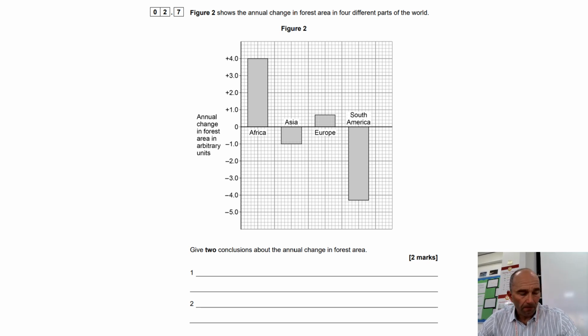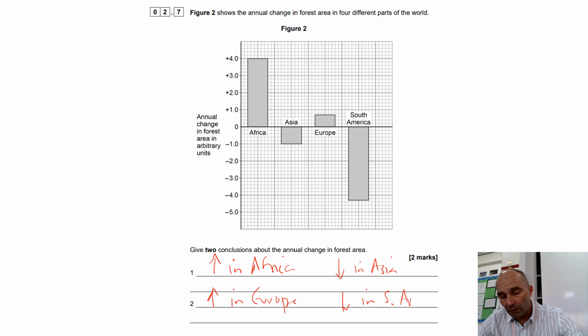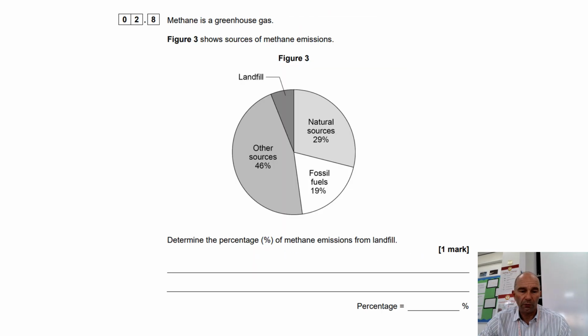Now, increases in Africa, you could say it increases in Europe. So you get a mark for each of those, but of course you could also get a mark if you said it decreases in Asia, decreases in South America. So you just need to get 2 of those 4 possible conclusions. There's your 2 marks. Nice, straightforward.